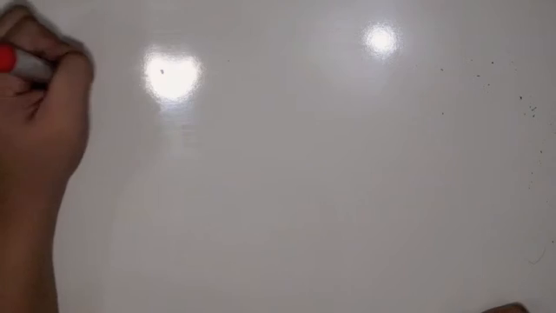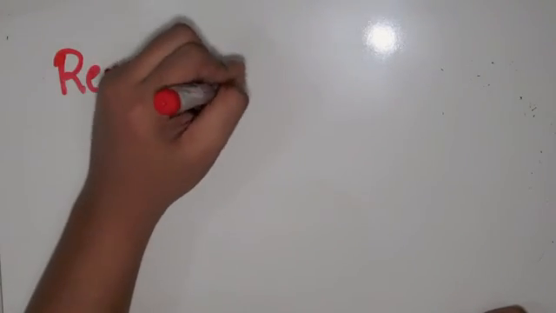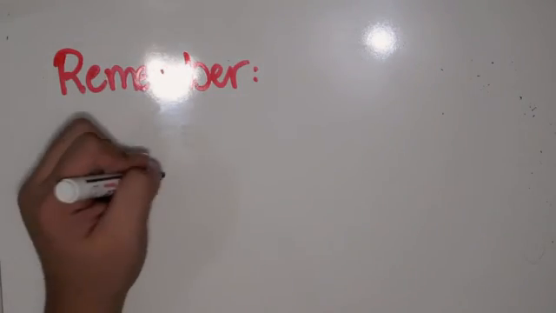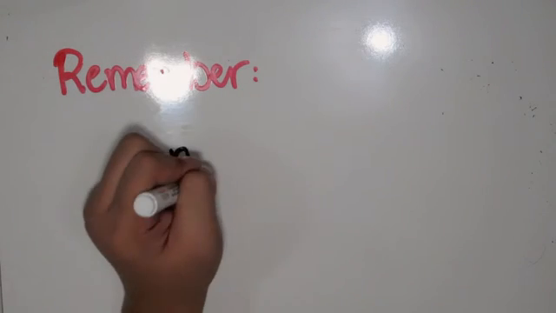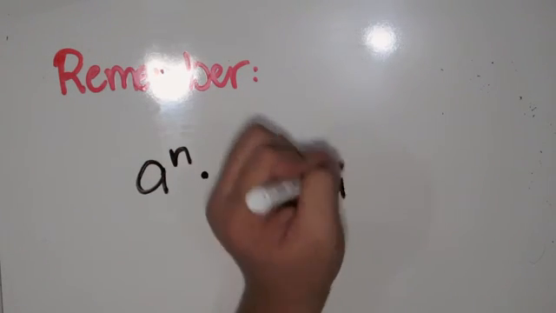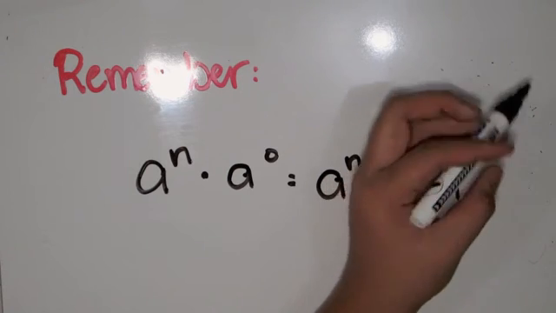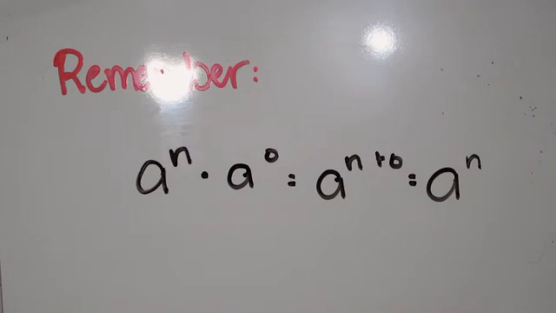We must remember that a raised to n times a raised to 0 is equal to a raised to n plus 0 equals a raised to n. Let's give an example.